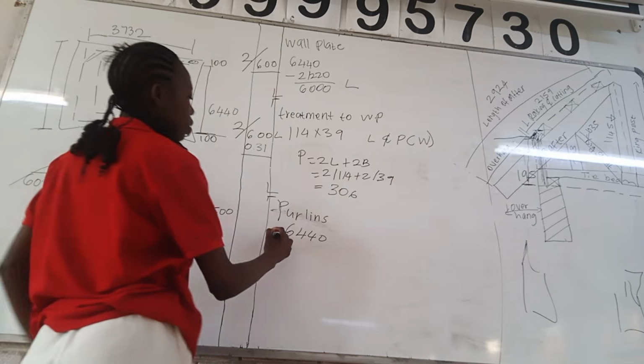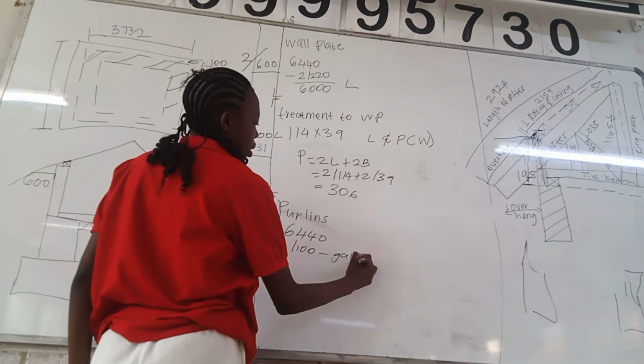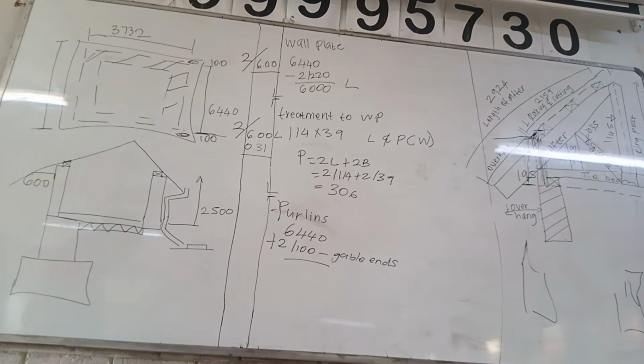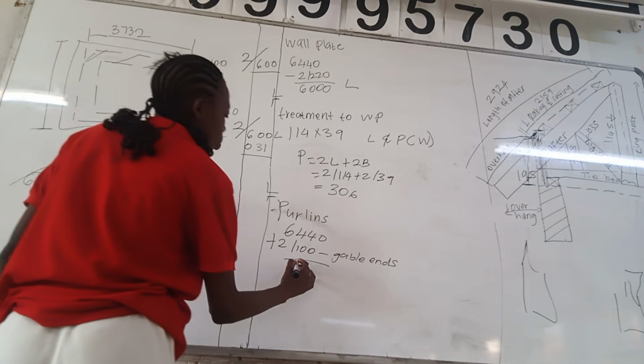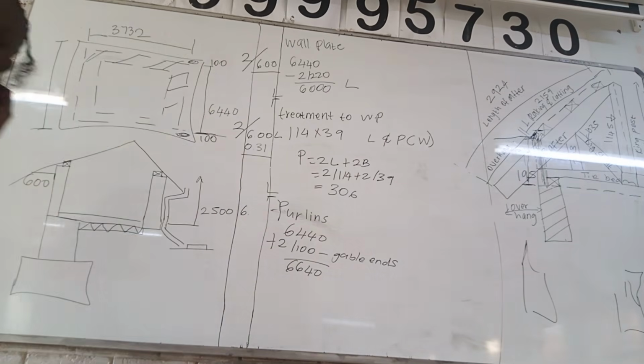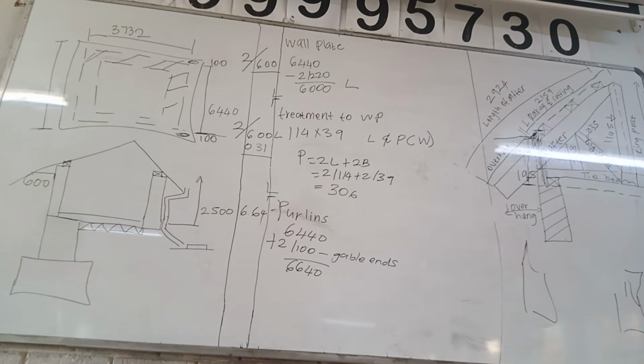So we have 6440 plus 2 of the gable ends. What do we get? 6640, so it's 6,640. Do we multiply our pay lines or just leave it like that?